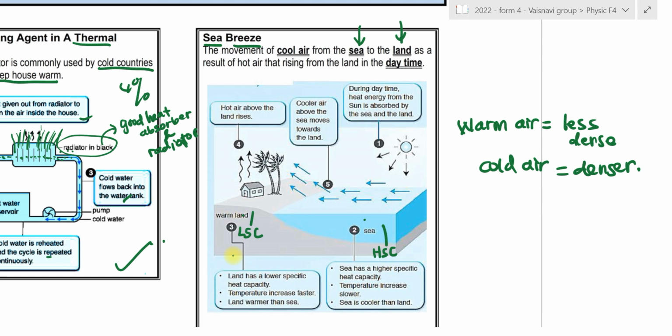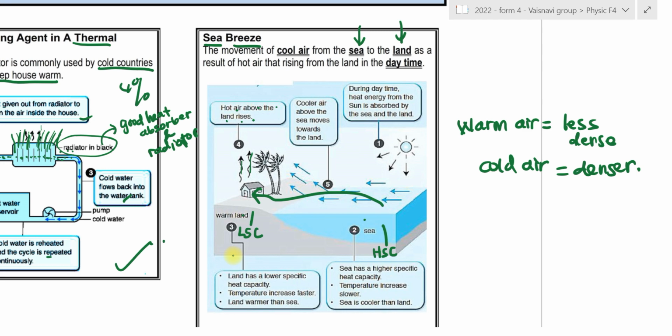So we see warm land, so the warm air will rise up, hot air above the land rises. So it has lost air, right? So the air from the sea goes to replace the lost air at the land. Okay? Number 5. Cooler air above the sea moves towards the land to replace the air that is lost on the surface of the land. Once you understand the story, you can create your own story, I mean, with the facts.